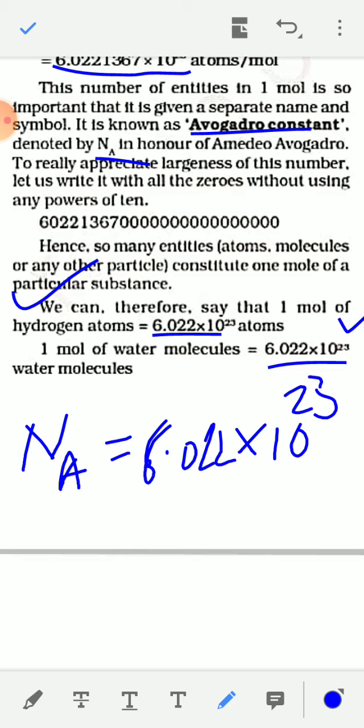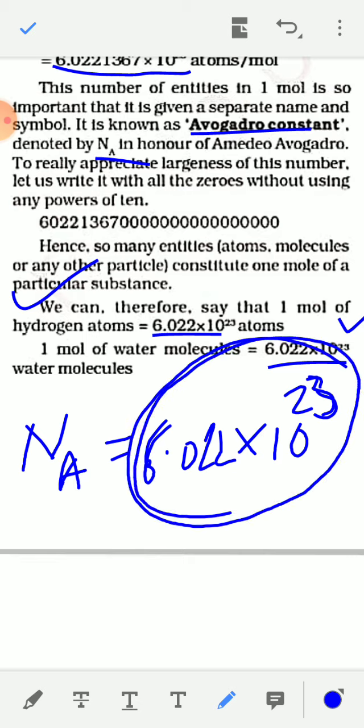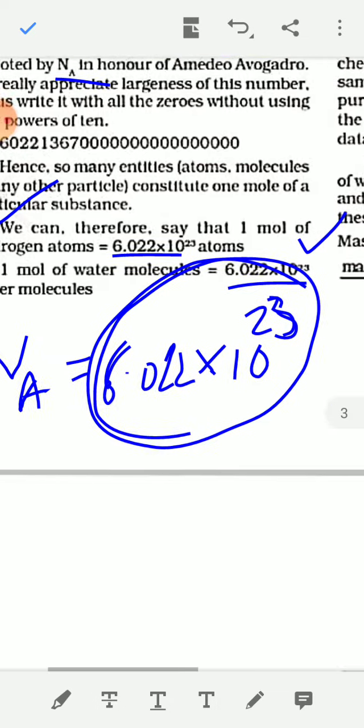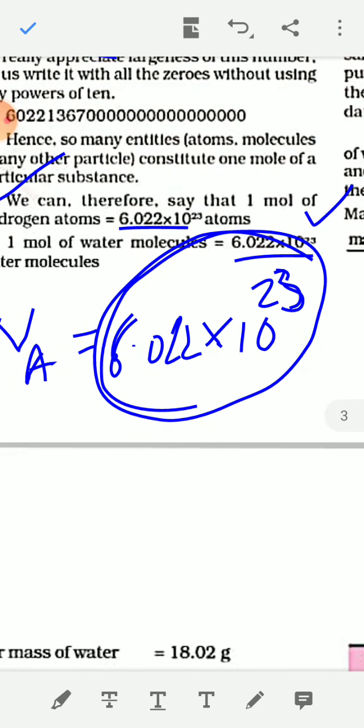Okay, and the amount of substance which contains 6.022 into 10 to the 23 particles is known as 1 mole of substance. The particles may be atoms, molecules or ions also.